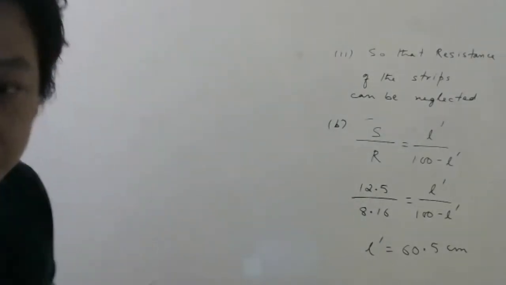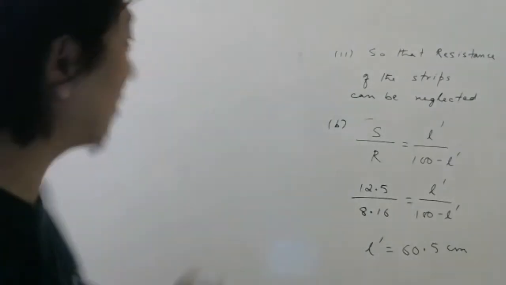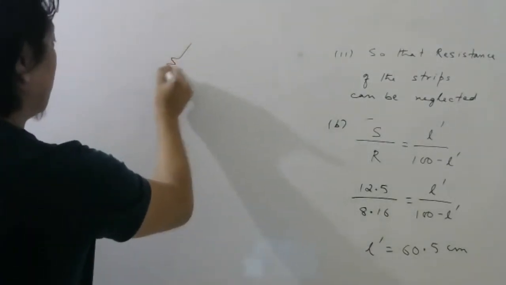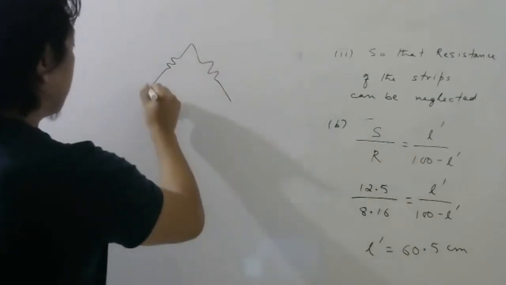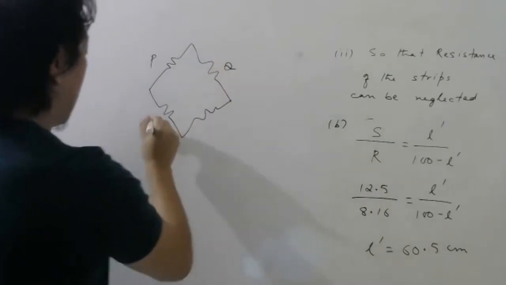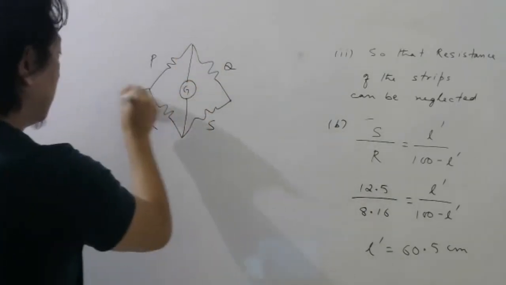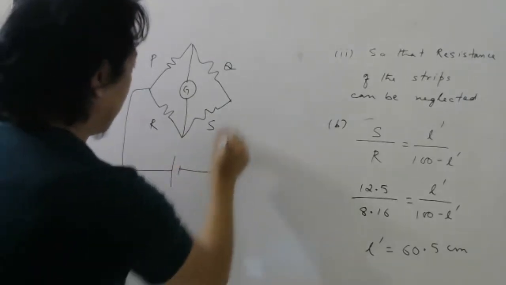I will draw the Wheatstone bridge, it will be easy to see. So this is your Wheatstone bridge, PQRS. Here is your galvanometer and here is your battery.